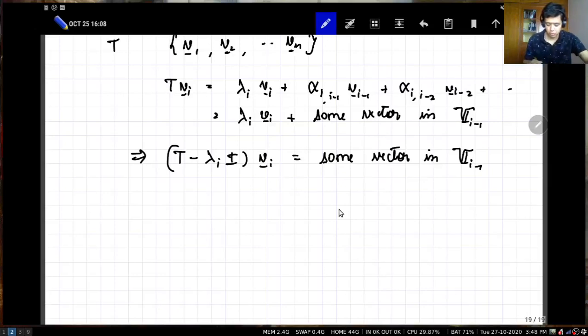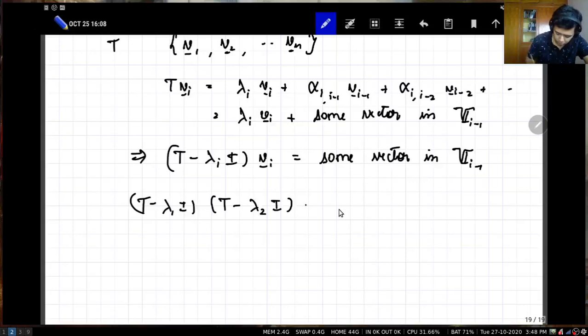Okay, so what do we want to show? We want to show that T minus lambda 1 I, T minus lambda 2 I, multiplied all the way up to T minus lambda n I, this is equal to the zero matrix.